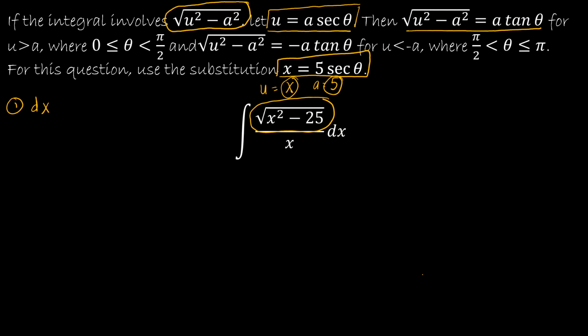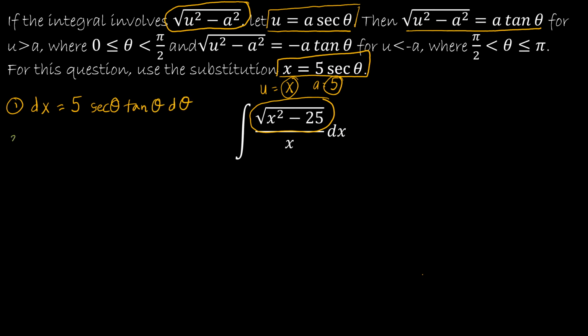So they gave it to us, but they didn't have to because we're smart enough to do that ourselves. But then I do need to find dx, so I need to find the derivative of 5 secant theta, and that is 5 secant theta tangent theta d theta.